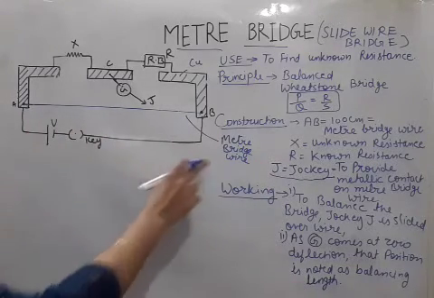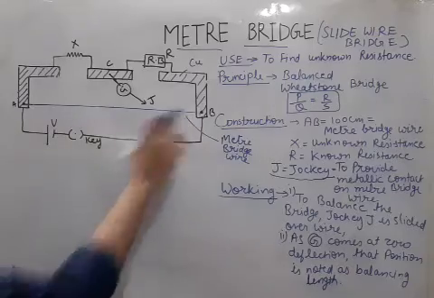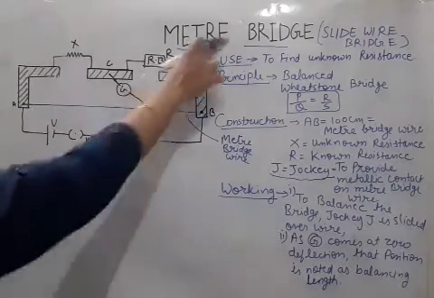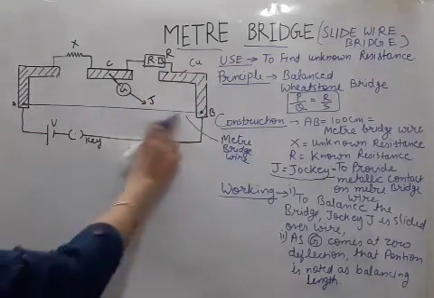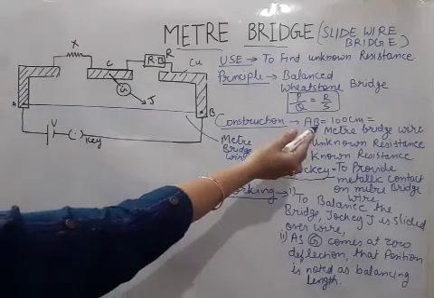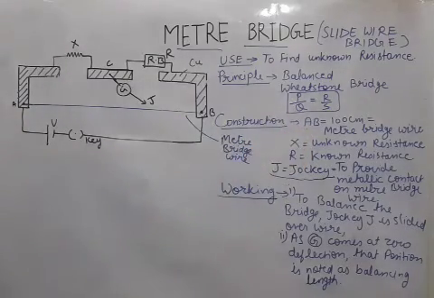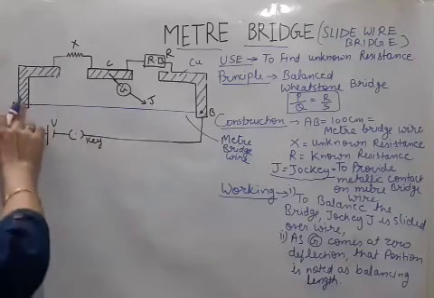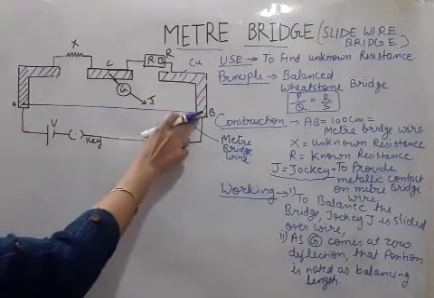Its length is 1 meter. That's why we call this bridge a meter bridge, because the length of AB is 1 meter, and we can write it in centimeter as 100 centimeter. In this apparatus, the copper strips are thick copper strips.